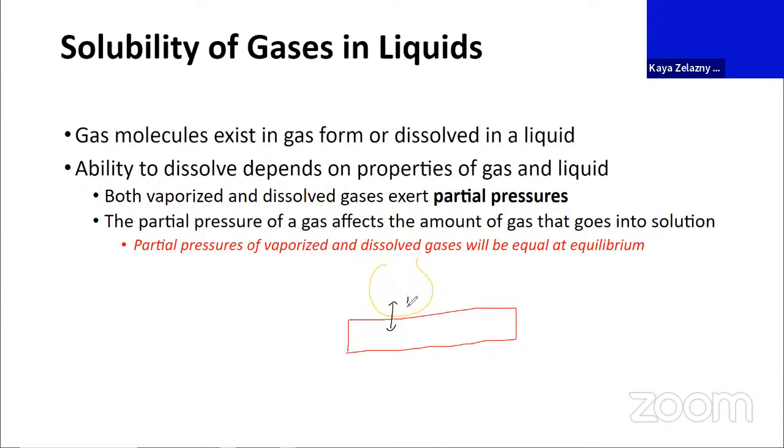So our partial pressure of oxygen in the alveoli is going to come to equilibrium. It's going to equal the same amount as our partial pressure of oxygen in the blood. And same thing for our carbon dioxide. Those are going to come to equilibrium with each other. And we'll talk about the details of this next. That's our setup.